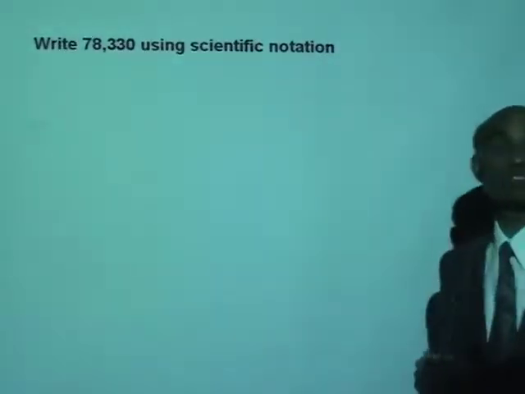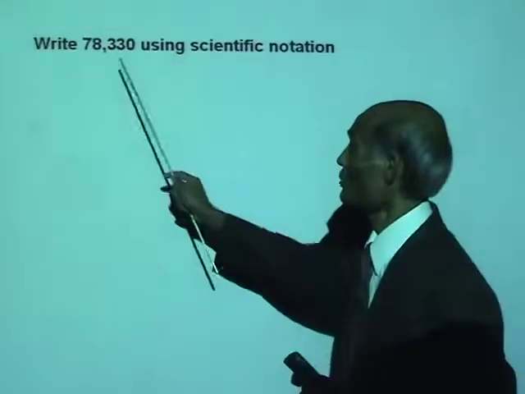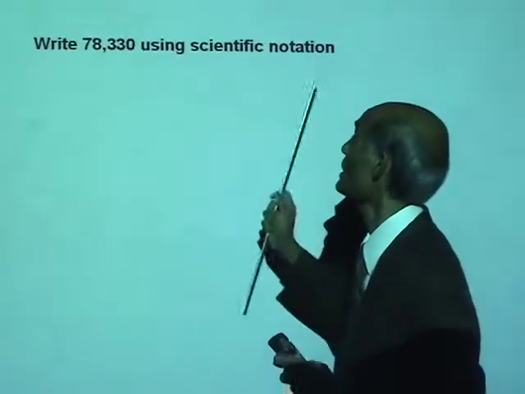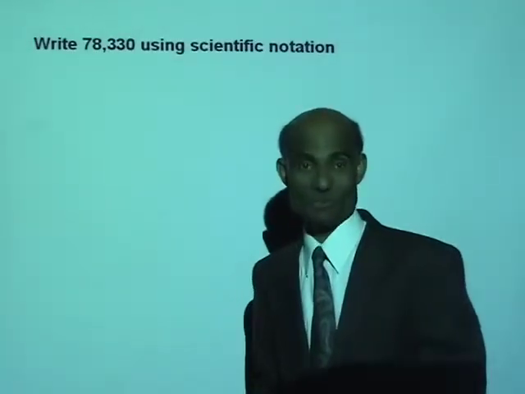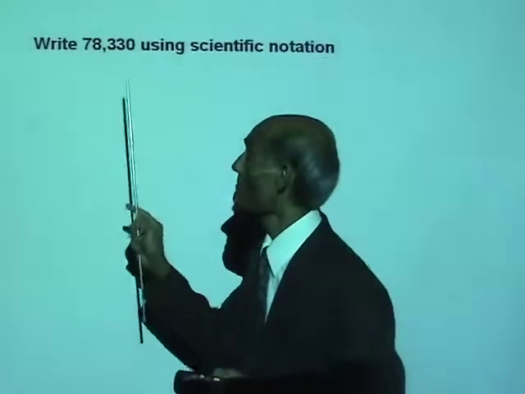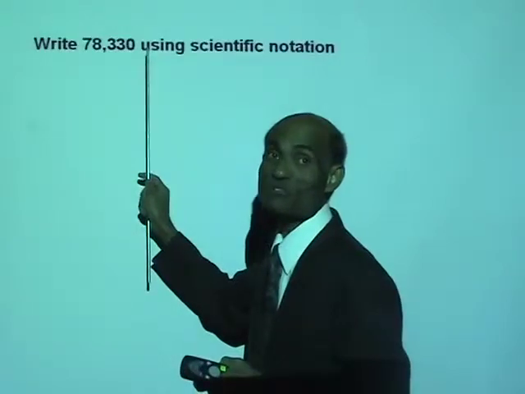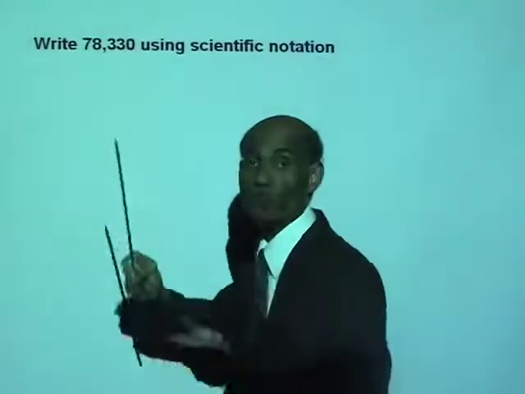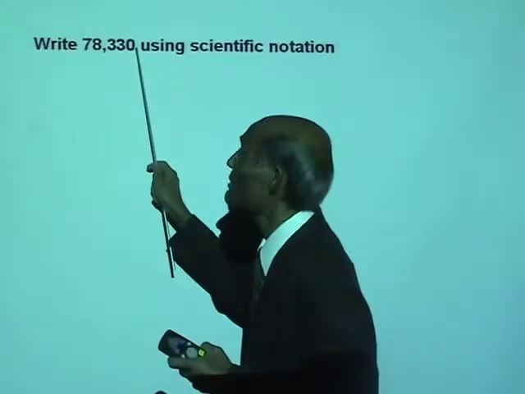Okay, let's practice that with more examples. Write 78,330 using scientific notation. Can you try that on your own? Alright, how many places do you need to move the decimal? Remember, always the decimal for a whole number is at the very end.